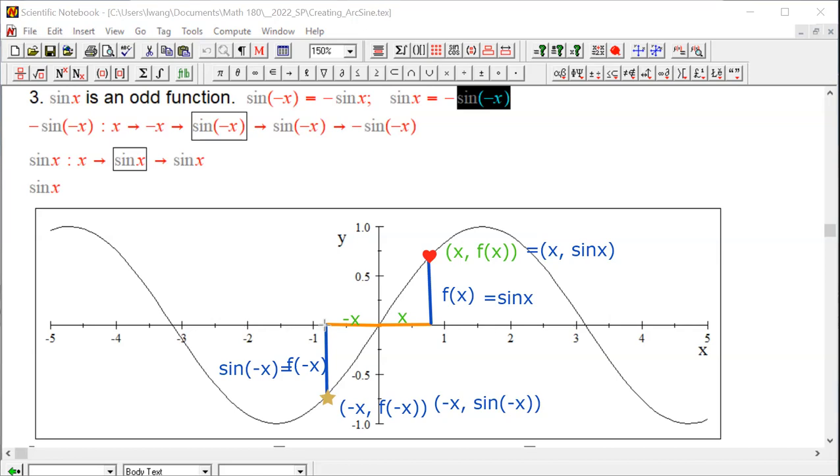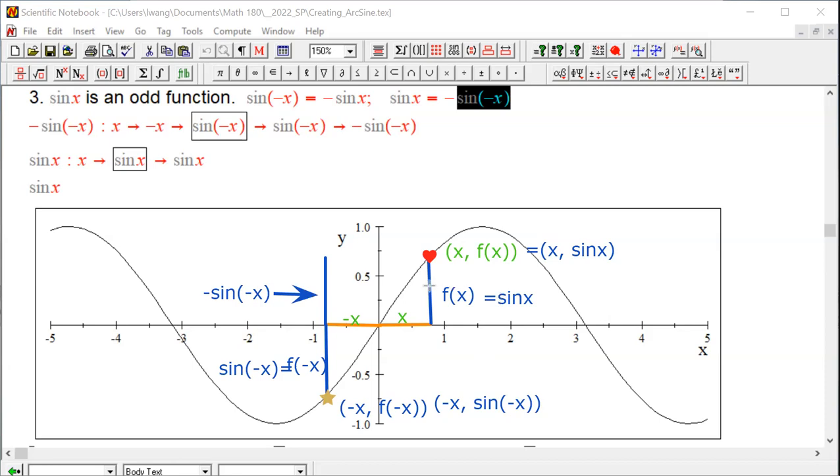So the negative of sine of negative x, if we flip over sine of negative x right here, that is going to be negative of sine of negative x, which is right here.